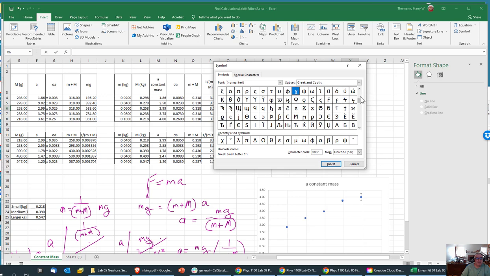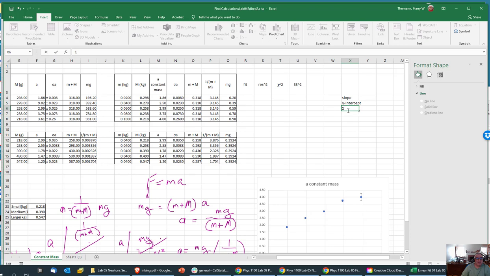We need the capital sigma. Where's the capital sigma? There it is. Insert, close. So we need 3 of these. So let's just drag that down. There we go.